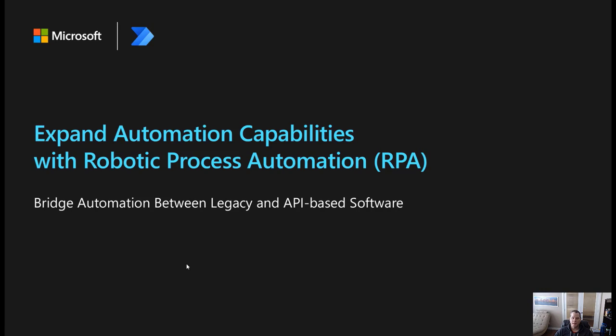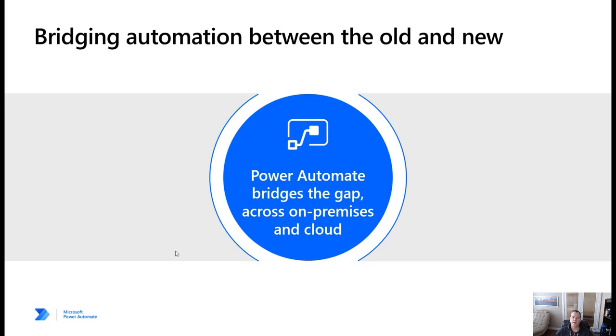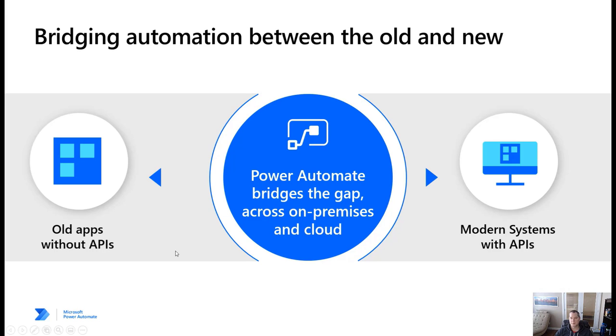So let's talk a little bit about RPA now, robotic process automation. And this is probably one of the most important slides of the whole deck. What I've talked a lot about so far is our connectors and our modern automation capabilities, API-led connectivity.